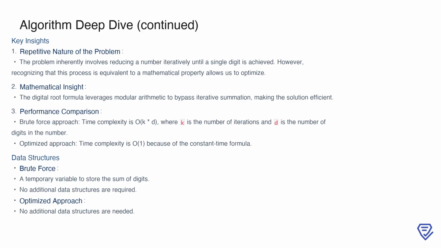This is a significant improvement over the brute force approach, which has a time complexity of O(k*d), where k is the number of iterations and d is the number of digits in the number. In contrast, the optimized approach has a time complexity of O(1). Both methods are space efficient, with a space complexity of O(1), as no additional data structures are required. This insight not only improves performance but also simplifies implementation.